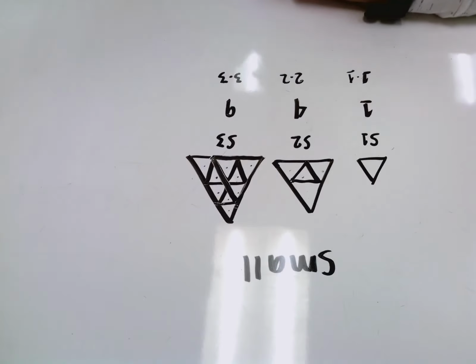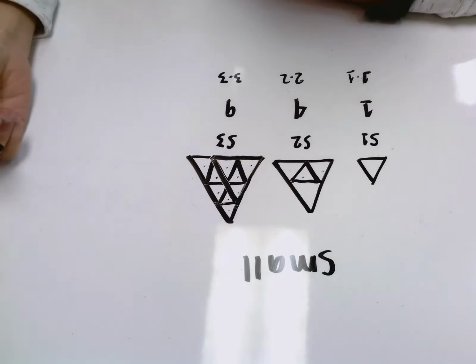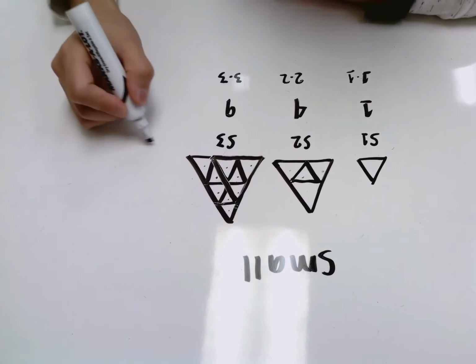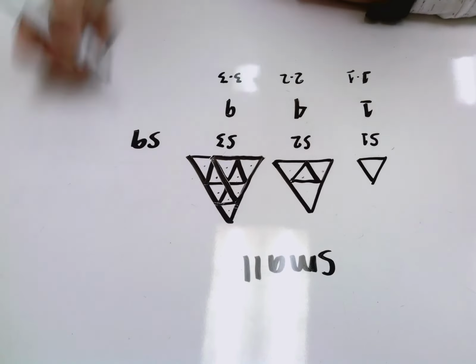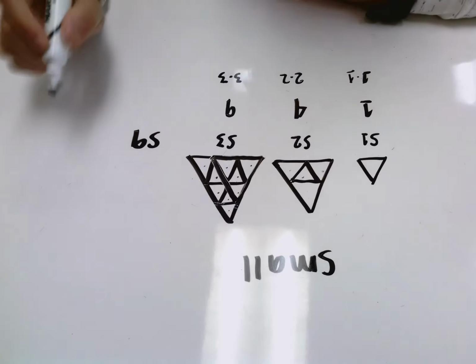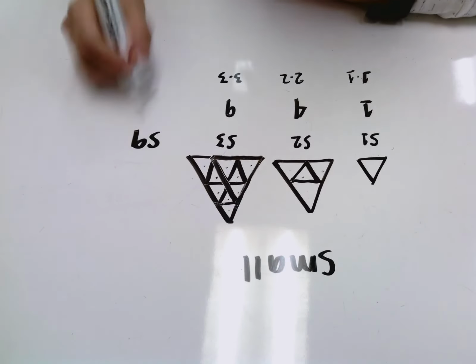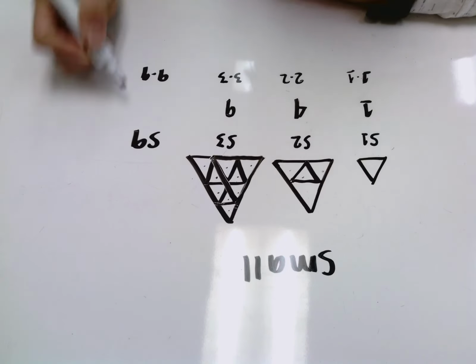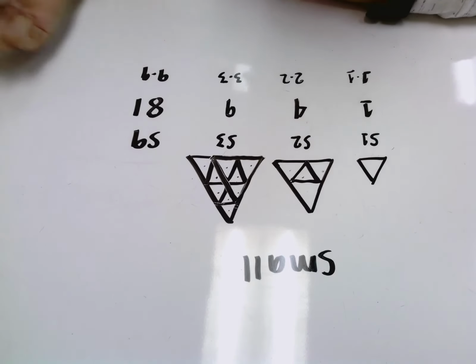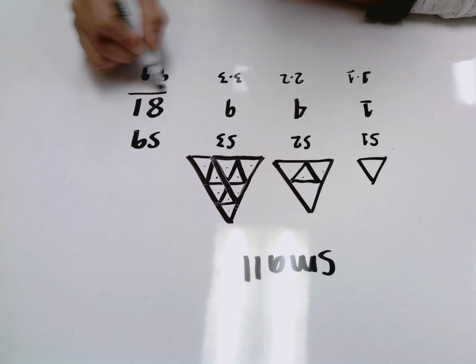And since you are being asked to get the number of triangles in stage 9, that gives you an idea that you just have to multiply 9 by itself to get the total of small triangles, which is 81.